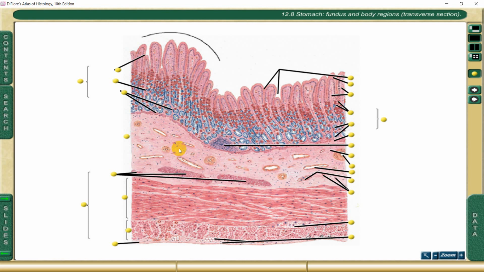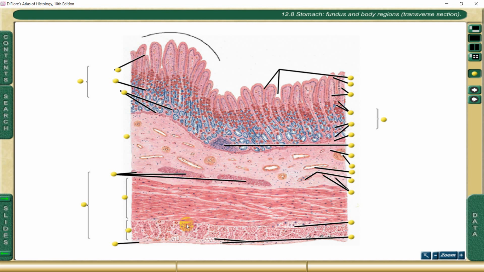Submucosa. Submucosa consists of fibroelastic or dense connective tissue. In the submucosa of the stomach, no gland in the layer of the submucosa, just connective tissue, nerve, blood vessel.